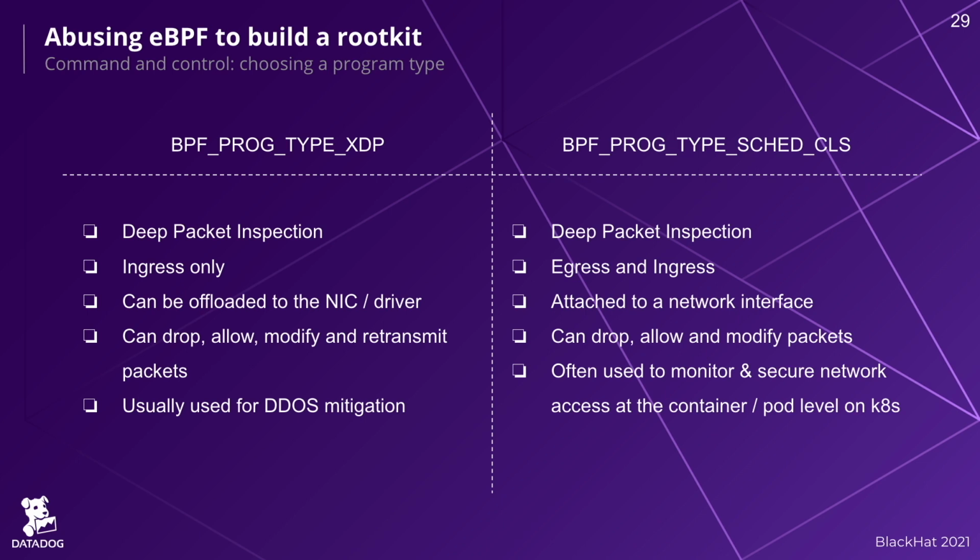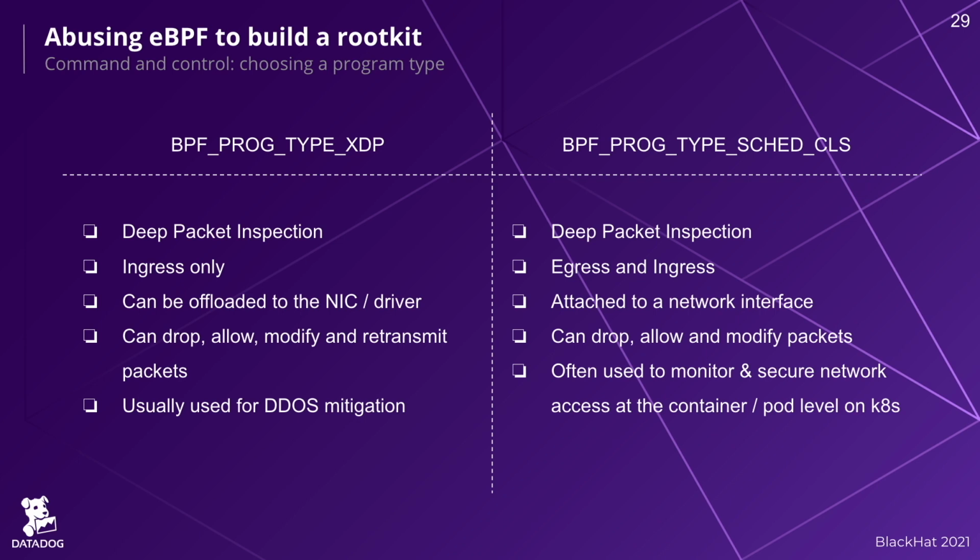With both programs, you can drop, allow, or modify a packet. And with XDP programs, you can also retransmit a packet. This option is super interesting because it means that you can essentially hide data from the kernel entirely, and you can receive and insert data into a packet even before it reaches any kind of network firewall or network monitoring tool.